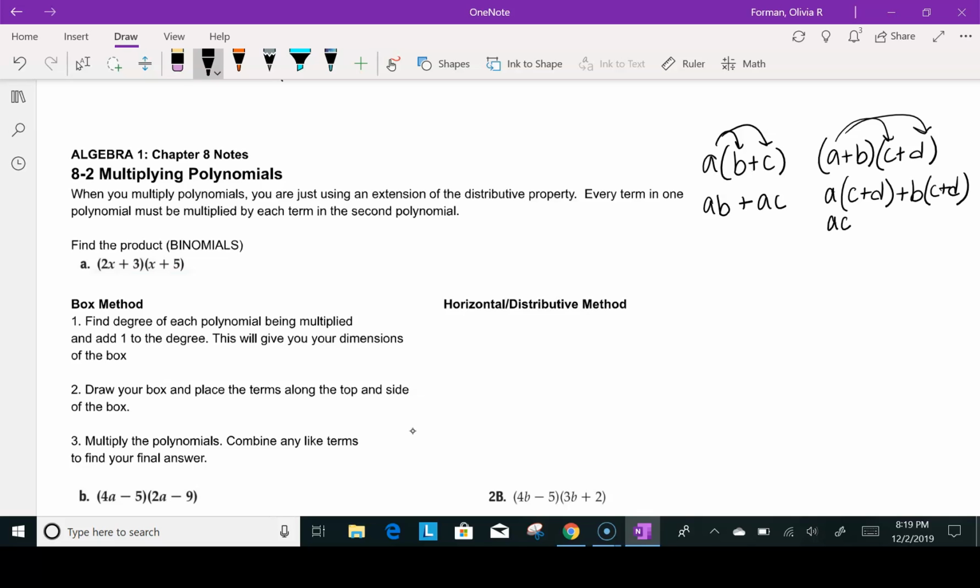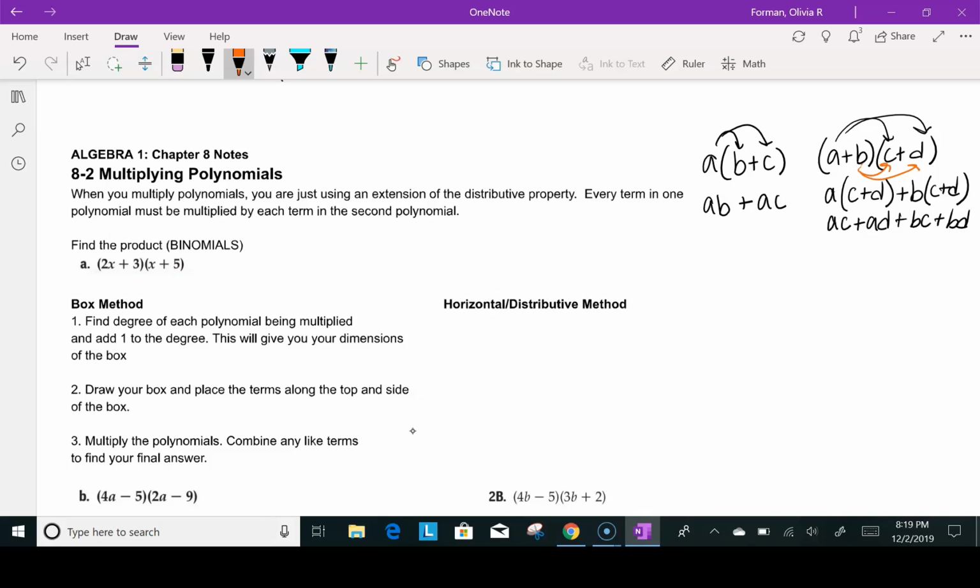And so you end up with A times C, A times D, B times C, and B times D. That's just showing how it extends what we did yesterday. You just have to make sure that every term in one polynomial gets multiplied by every term in the second polynomial. Oops, I just did the same thing for both.